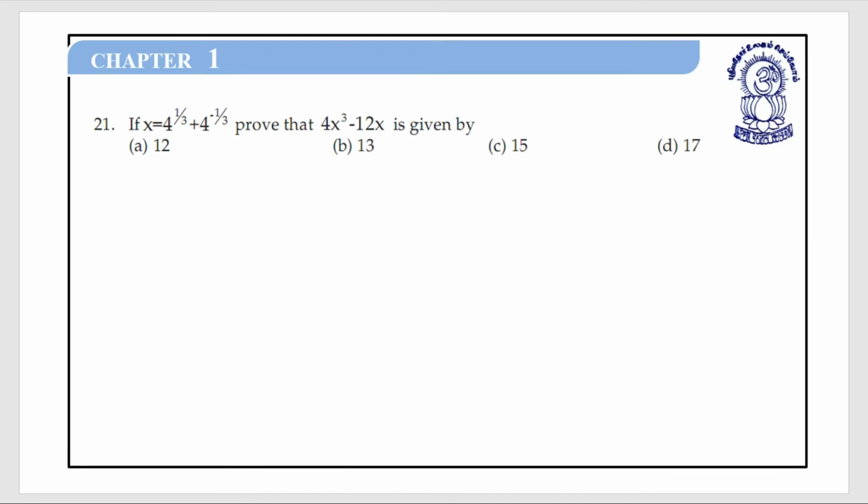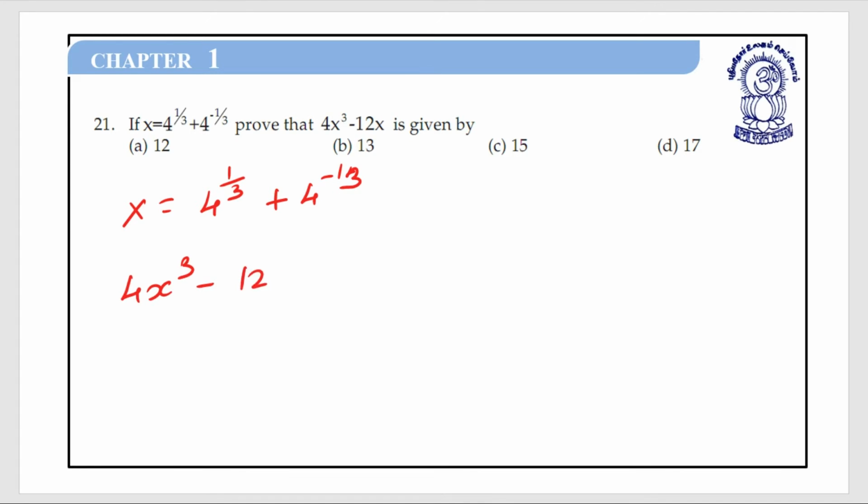Now question number 21. If x is equal to 4 raised to 1 by 3 plus 4 raised to minus 1 by 3, prove that 4x cube minus 12x is given by. Here x is equal to 4 raised to 1 by 3 plus 4 raised to minus 1 by 3, given. Prove that 4x cube minus 12x is given by.